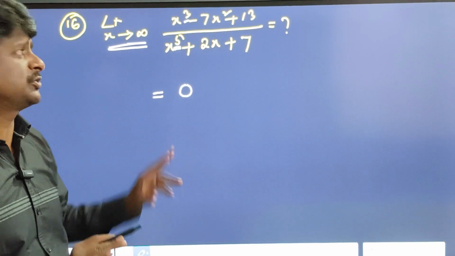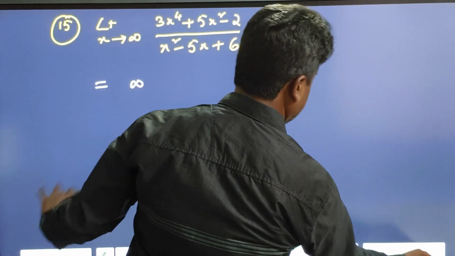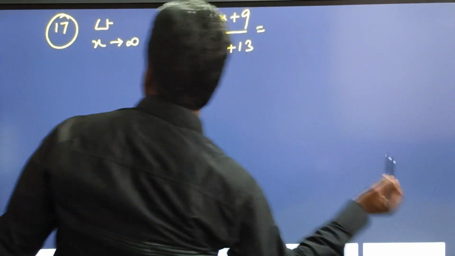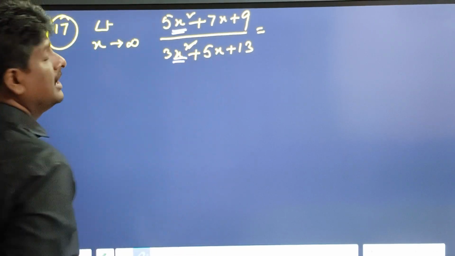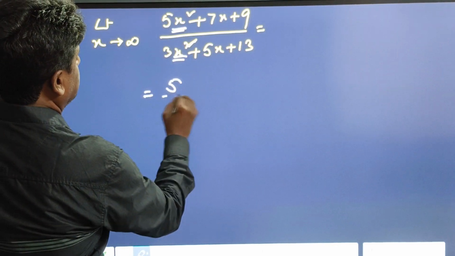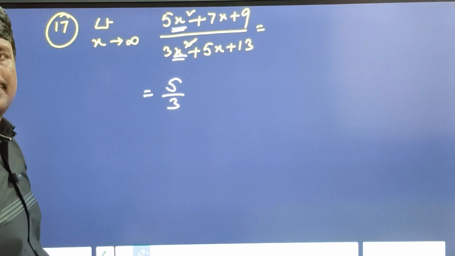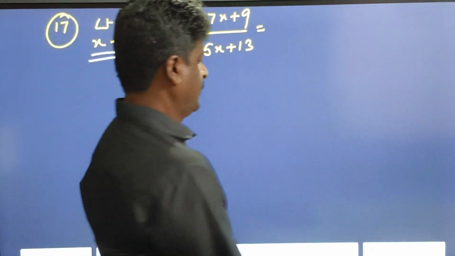No need to remember that also, something by infinity you think. So the previous one is infinity, this is 0. Next, in case of limit as x tends to infinity, if degrees of numerator and denominator are the same, the answer is directly leading coefficient by leading coefficient.